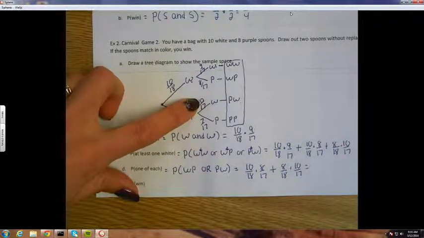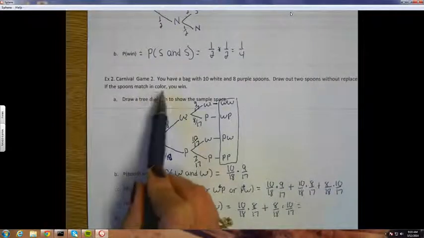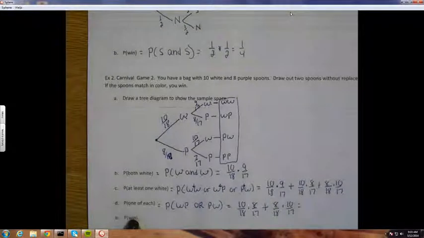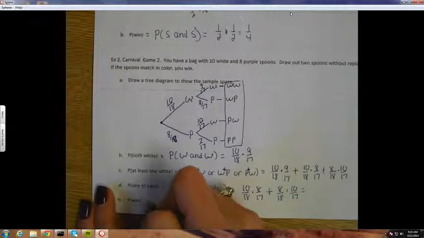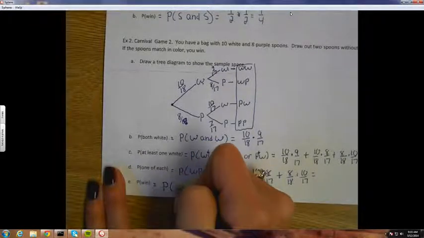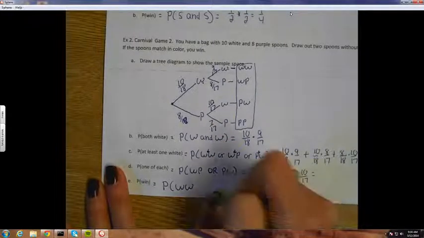Questions so far? Okay, now we're back to the original question. What's the probability you win the game? And we were winning the game if the 2 spoons matched in color. There you go. So this gets converted to asking the question, what's the probability that I get WW? What did you say the connecting word was? Or. I can win in either case.